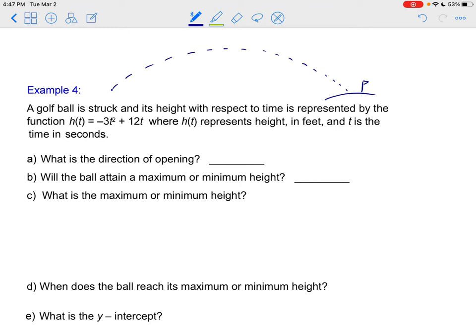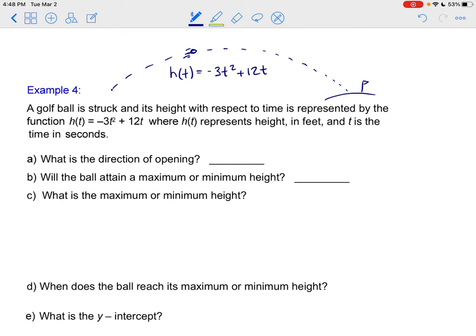So yeah, there's the golf ball traveling, and this arc, or this parabola, quadratic I should say, is represented by this function here. Alright, so what is the direction of opening?